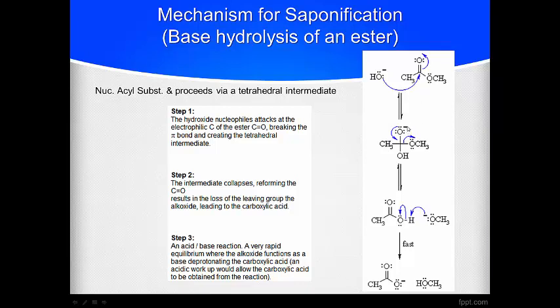We then have them kick back down and kick out your OR group. Okay. Once your OR group is dissociated, it then comes back and deprotonates that carboxylic acid to make the carboxylate anion. Okay, so it proceeds via the tetrahedral intermediate that we have here.